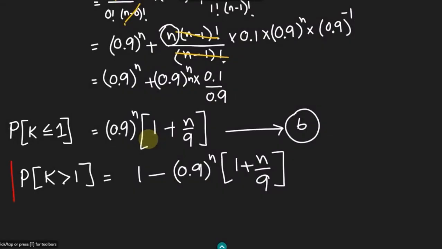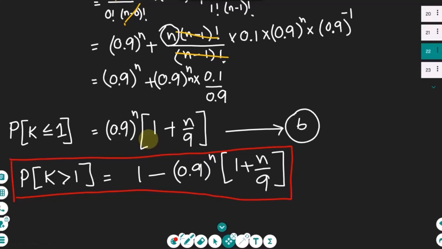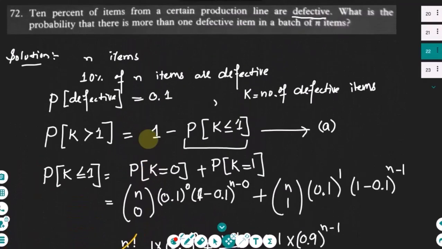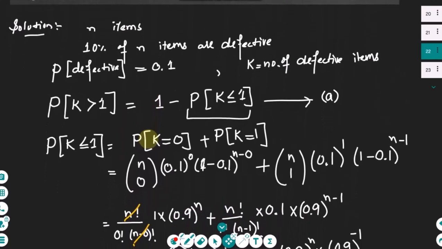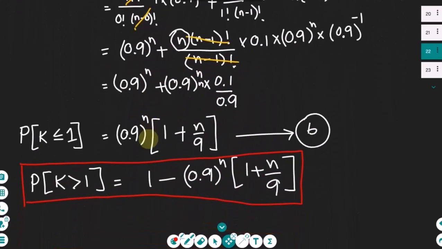This is basically the answer I wanted to find for the question: what is the probability that more than one item in a batch of n items is defective? Let me see the statement here as well. So this is the statement and the question we have solved, with the answer written here.